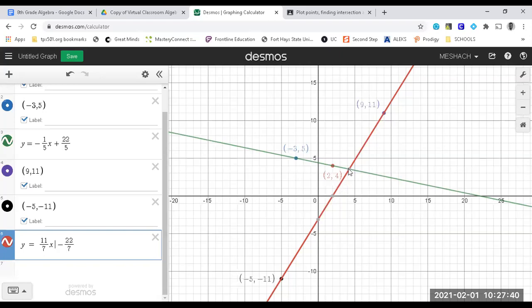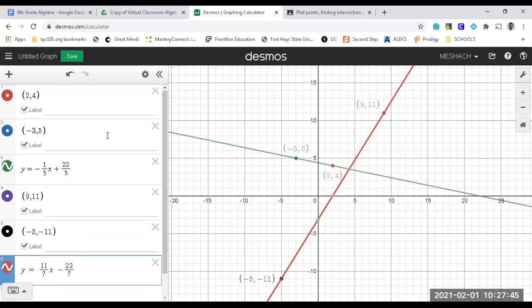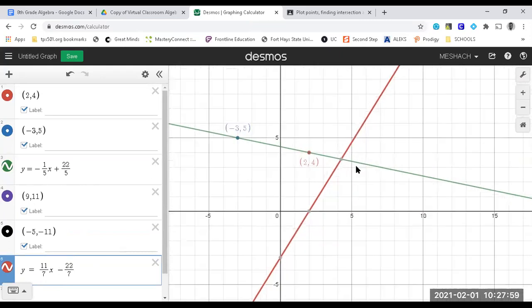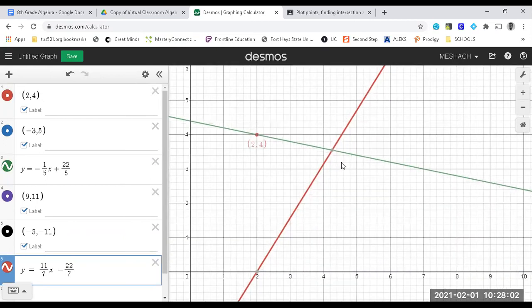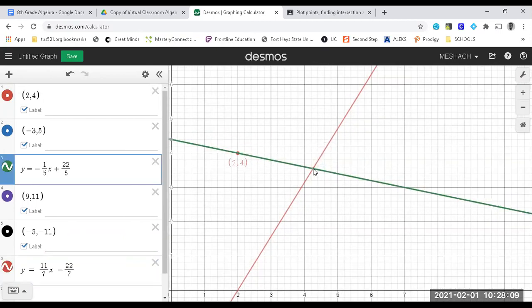All right, now let's go back to what we're talking about with systems of equations. I gave you two points, and wrote what the equation was for both of them. Now we want to figure out the point of intersection. The point of intersection is this point right here where both lines intersect. That would be the solution for this graph.